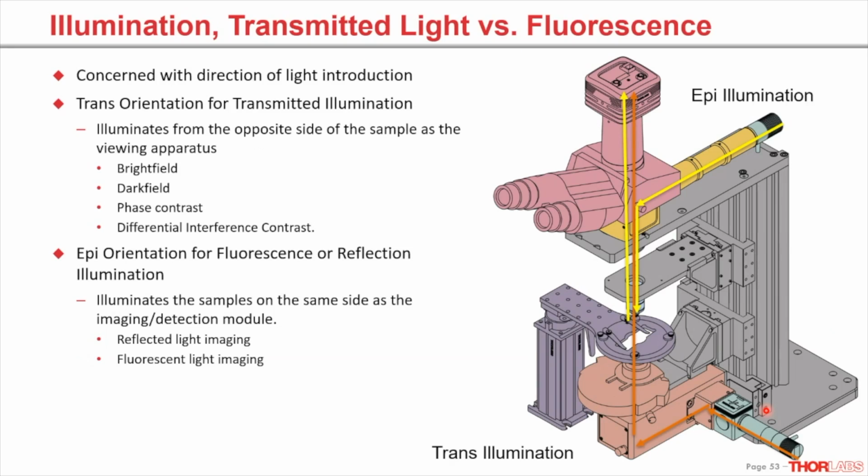So today we discussed the transillumination pathway, including several contrast enhancement techniques such as Darkfield, phase, and DIC. There is also epi-illumination pathways for fluorescence or reflection microscopy, which we will discuss in more detail in future talks.